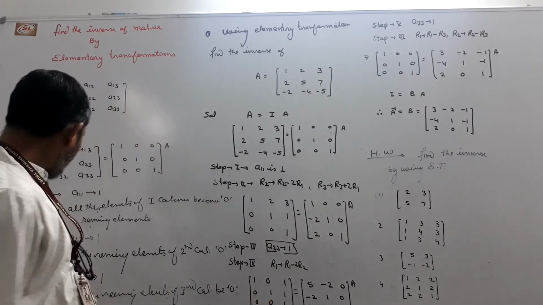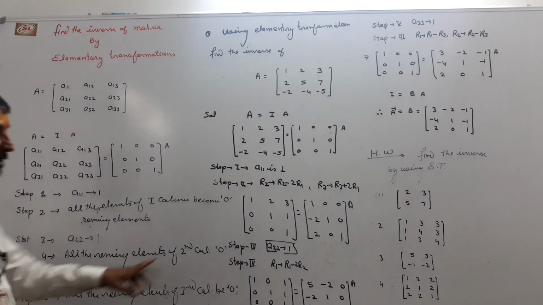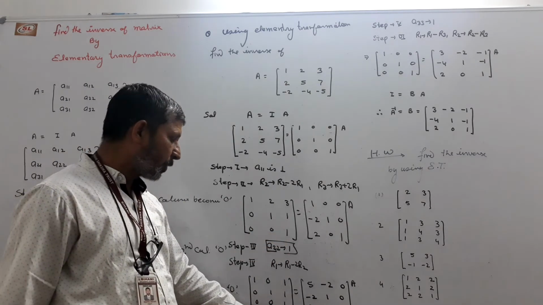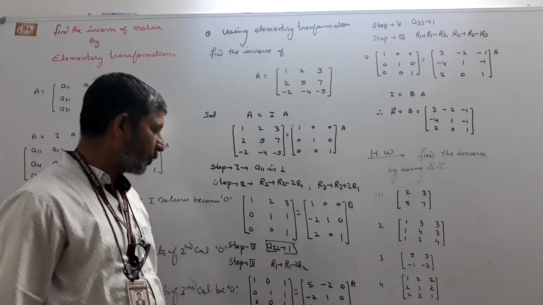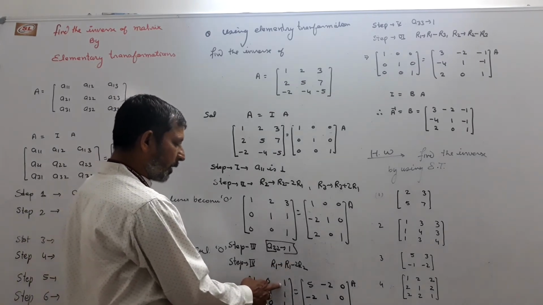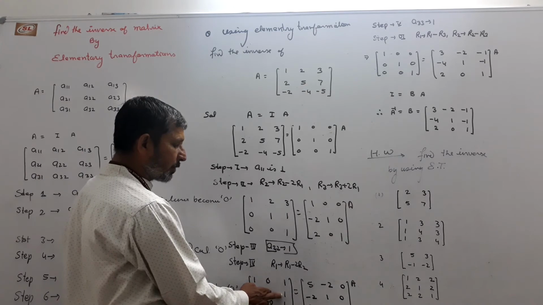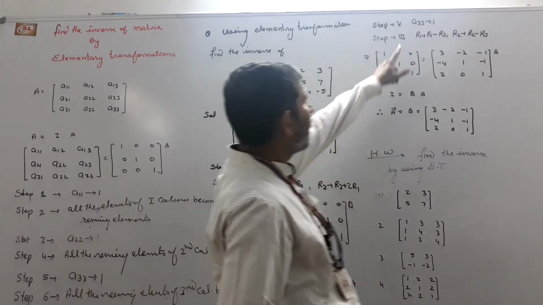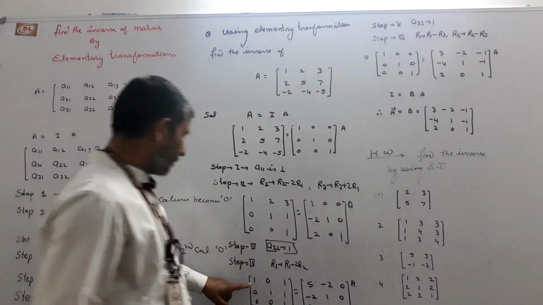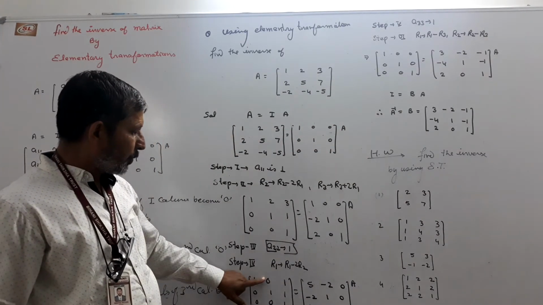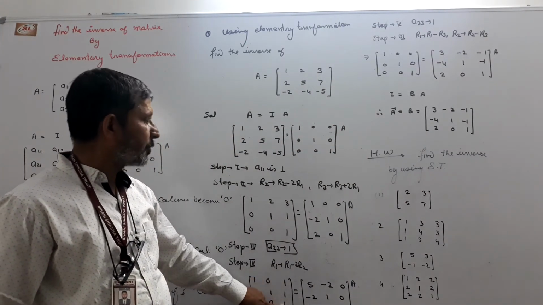Now after this, A33. Again in this question A33 is already 1. Then we change the remaining elements of this column to 0. So R1 minus R3 and R2 minus R3. 1 minus 0, 0 minus 0, 1 minus 1, 0.